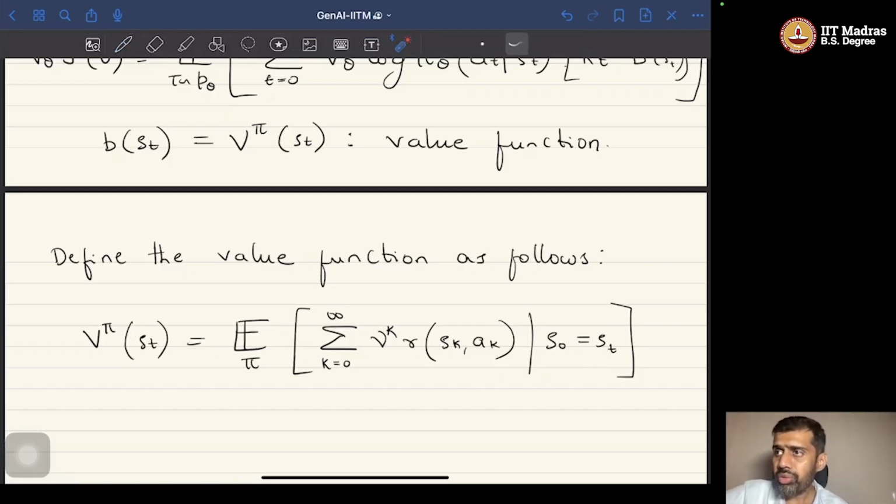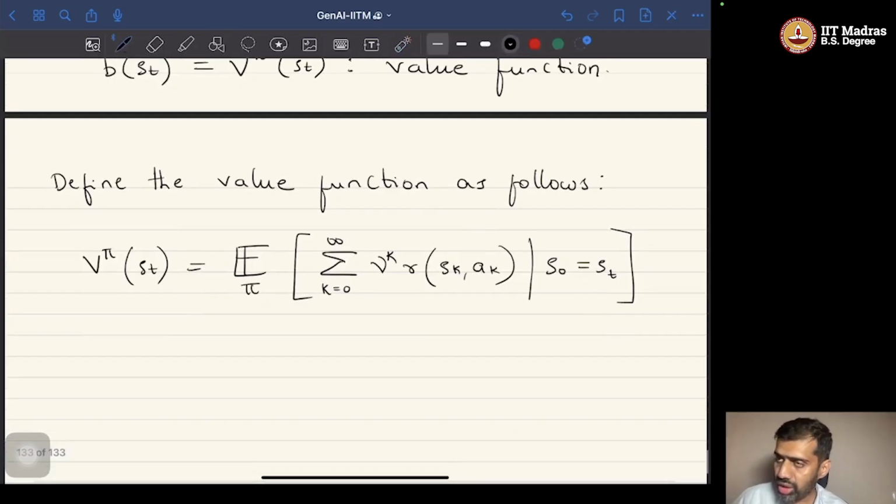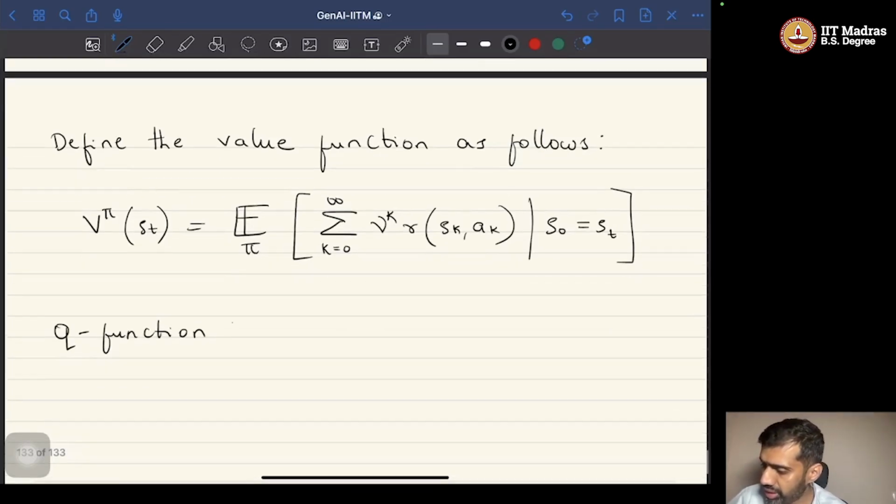Okay, now there is another cognate function of this, which is also called the q function, or the action value function, which is defined as follows. The q function is denoted by q pi st comma at. This is defined in a very similar way to the value function.